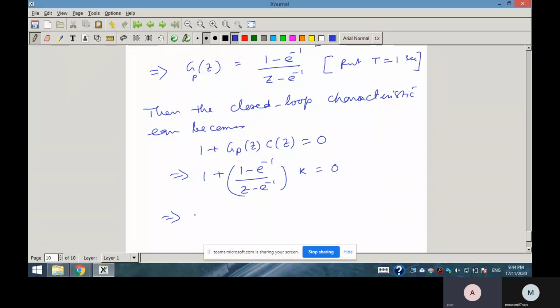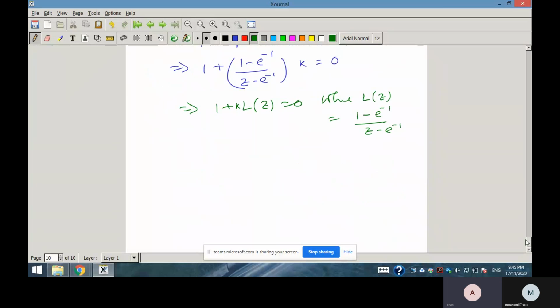So now we have to find the range of gain K for closed loop stability. One easy way is to do it using root locus. Now what is your loop transfer function? So this is equal to 1 plus L(Z) equal to 0, where L is K into L(Z), divided by (Z minus e to the power minus 1).